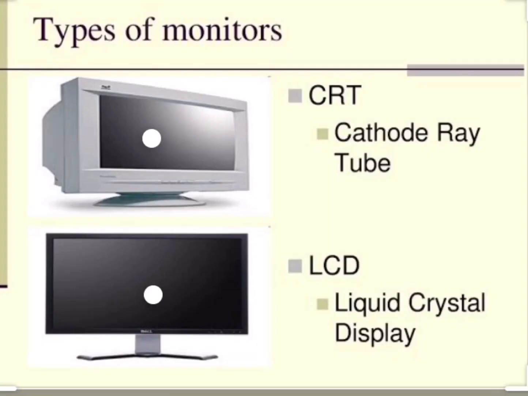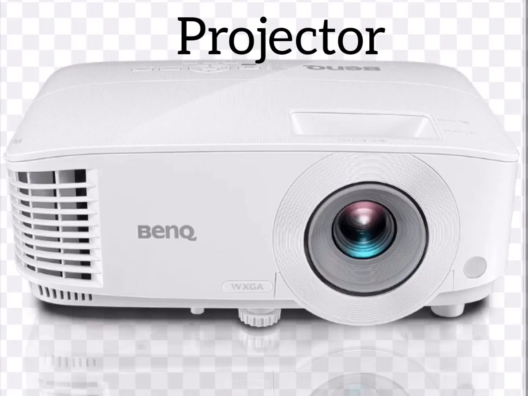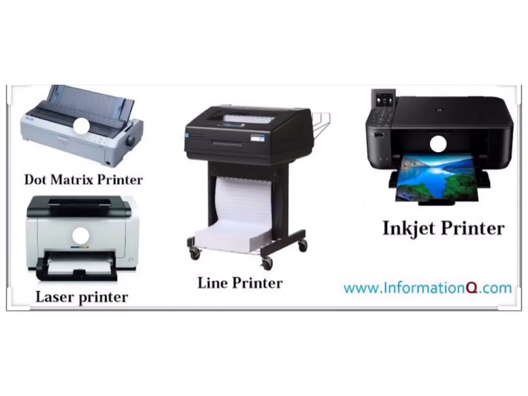First one is CRT, cathode ray tube, and second one is LCD, liquid crystal display. Speaker. Speaker is used to hear music or other sounds on our computer. Projector. It is used to project an image on a flat surface like a computer screen and is used in schools.